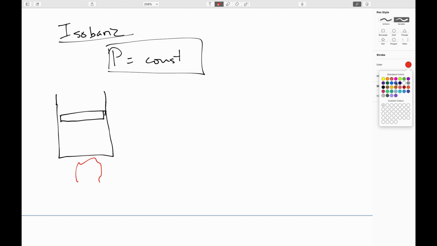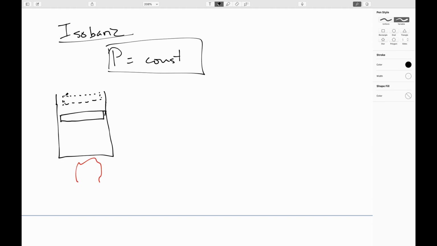That means they'll start pushing harder against this, and so it will move up. Move up to where? Well, as it moves up, the gas was doing work on this, and so the thermal energy had to drop back down.